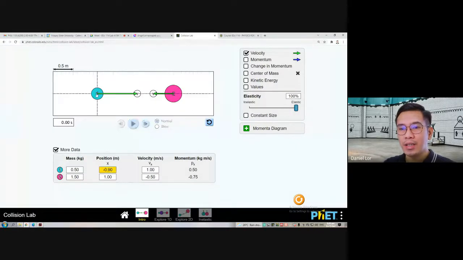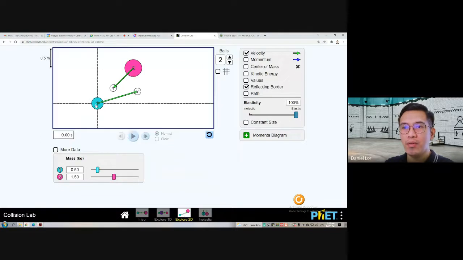So we can adjust by clicking the balls and moving them around. As you can see, it's just moving along the x-axis because this is the intro. Later on, in Explore 2D, we can already move the balls in different directions along x and y.